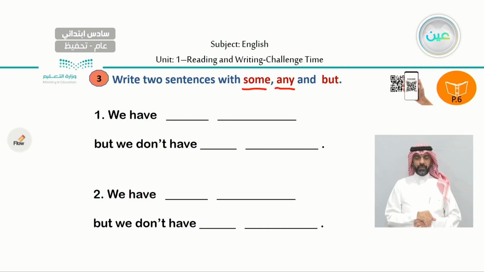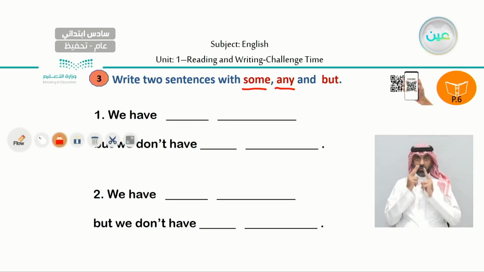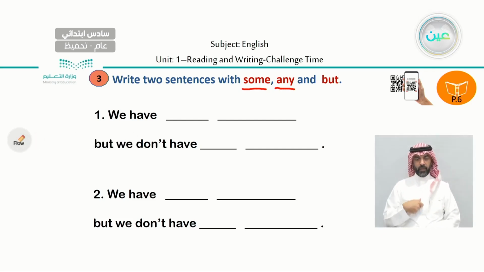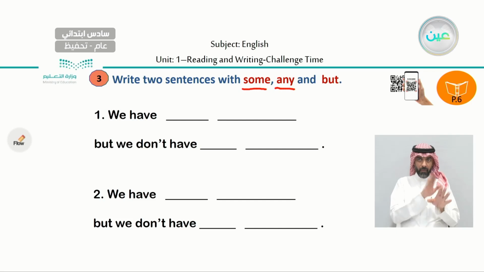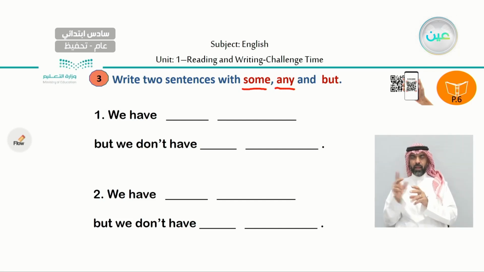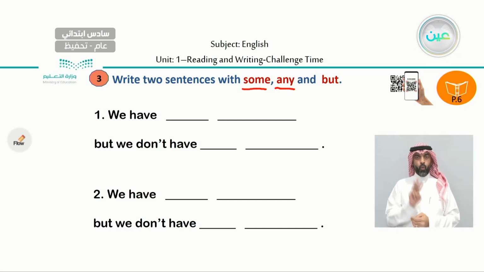Okay, so I want you to look here. Then you'll see the difference between some and any, and also but. But is used when we have different, not similar ideas. We took it before. So here, number 1, I'll give you the first sentence.